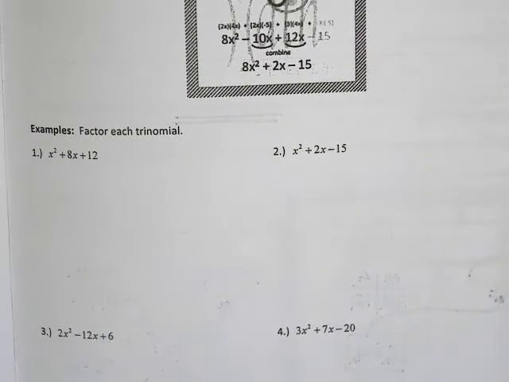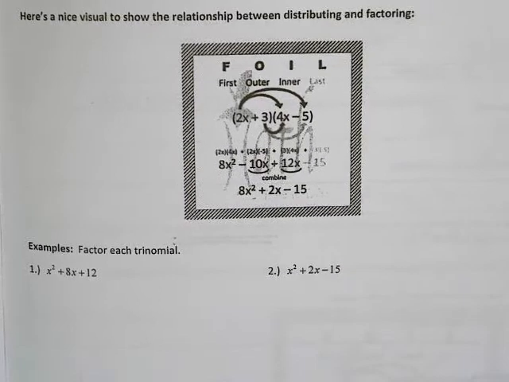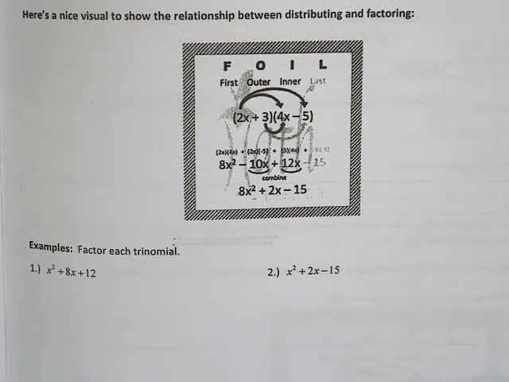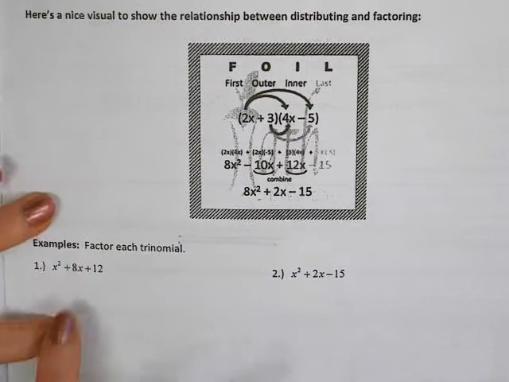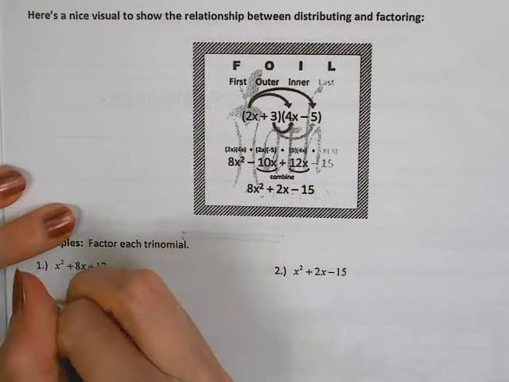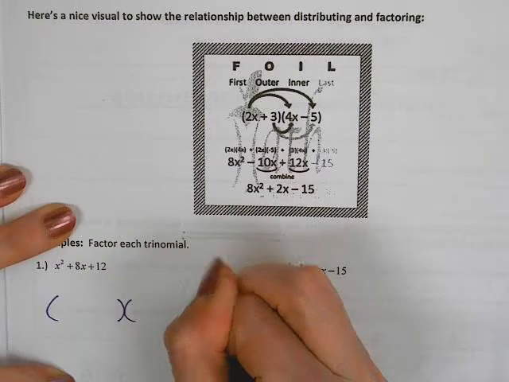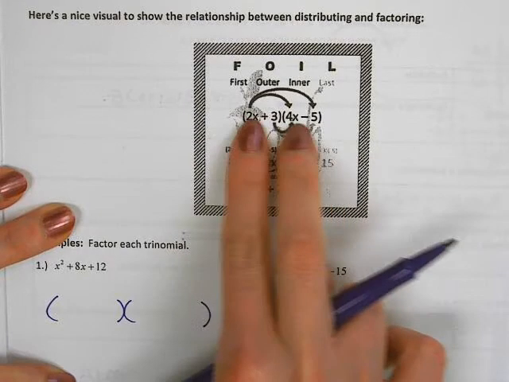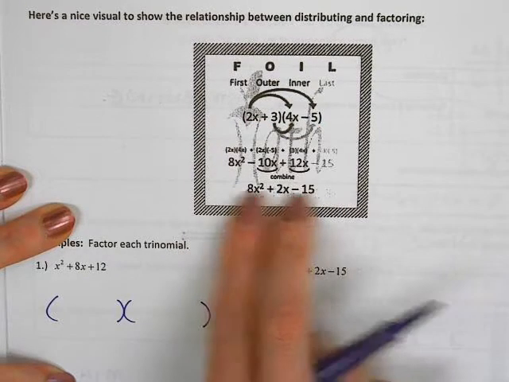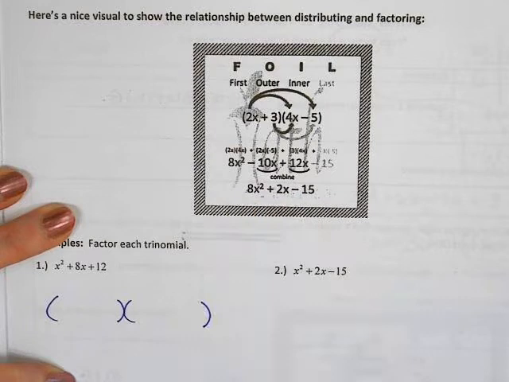Okay, so here's a nice visual to help. Number 1, factor the trinomial. Whenever it's a trinomial, draw 2 parentheses, and we're going to try to get the insides if we know the end result. Here's a trick.